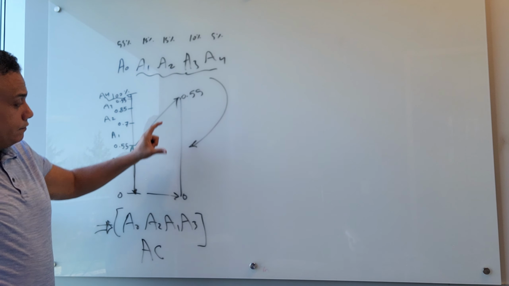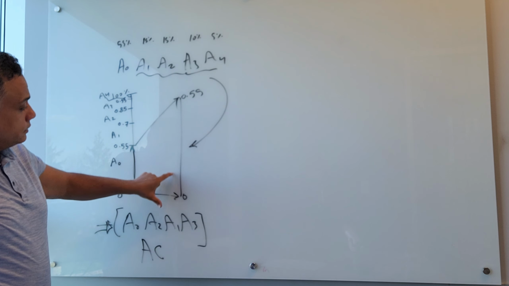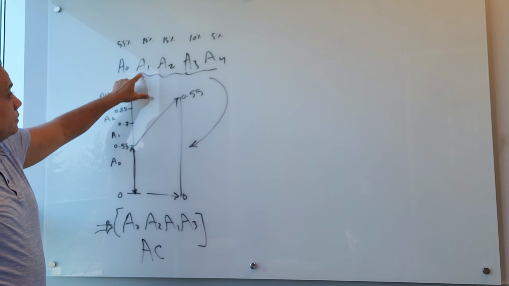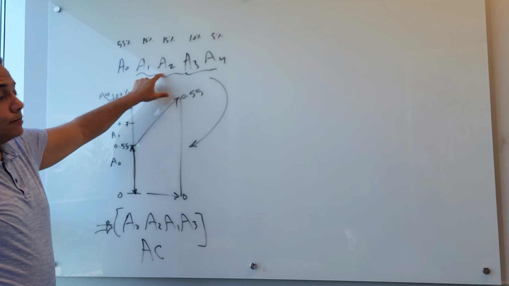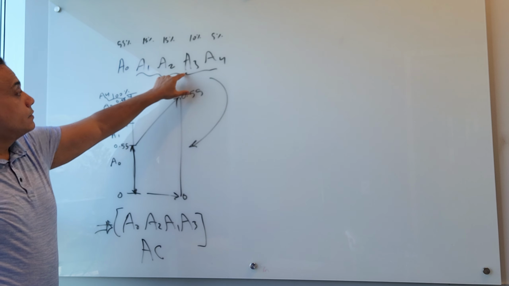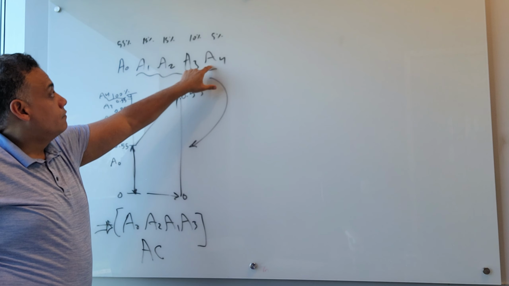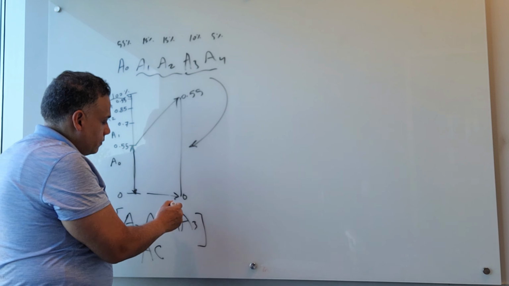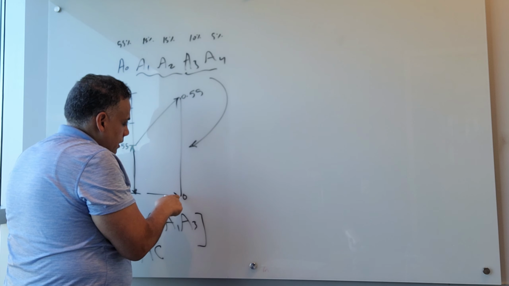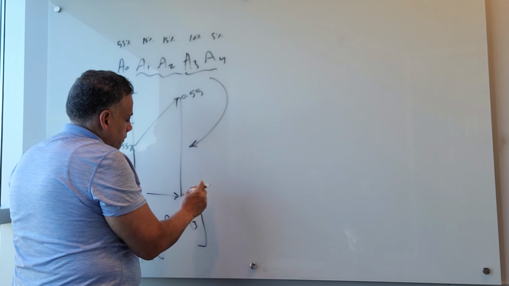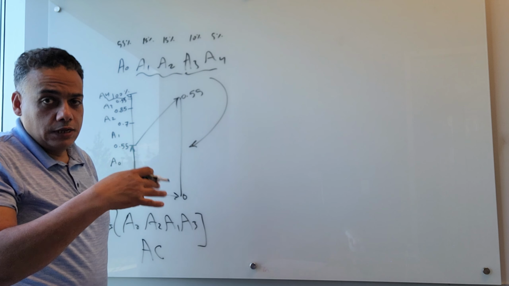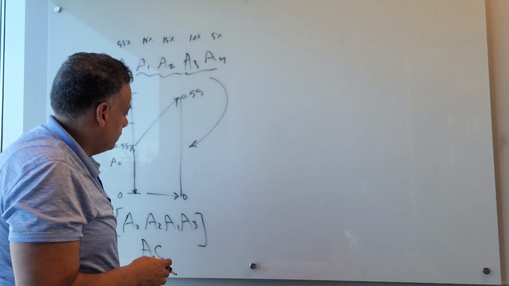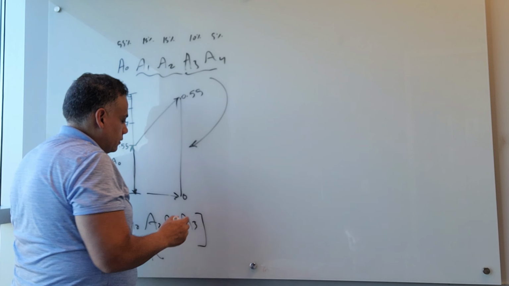In other words, 55% of this probability space is occupied by A0, and then the next 15% by A1, next 15% by A2, 10% by A3, 5% by A4. So it's not very hard to tell that the starting point will be this point, and then you need to do some sort of shifting and rescaling. The formula for this is in the article.